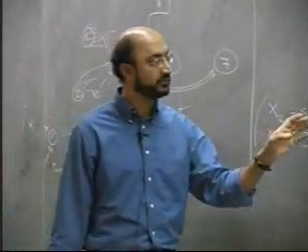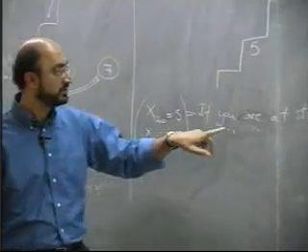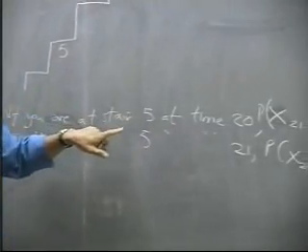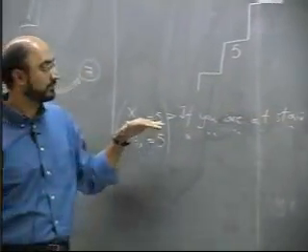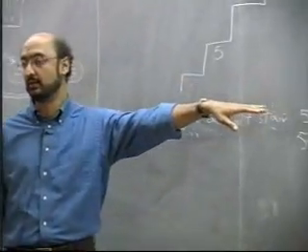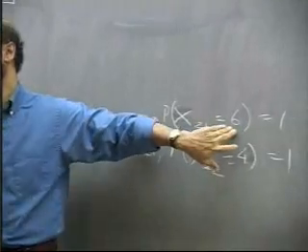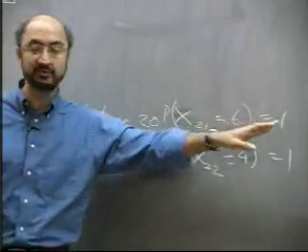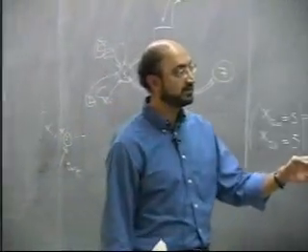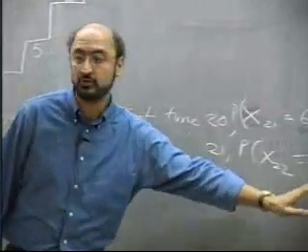The first rule says that the meaning of X20 = 5 is you're at stair 5 at time 20, and you're going to go to step 6 for sure. P(X21 = 6) = 1. However, if you get there at 21, you're going to go to 4.